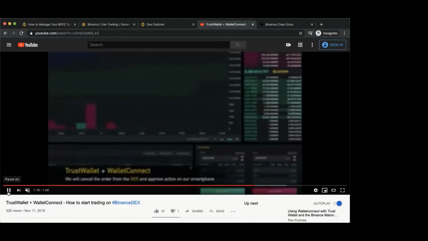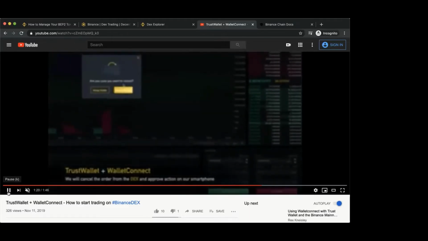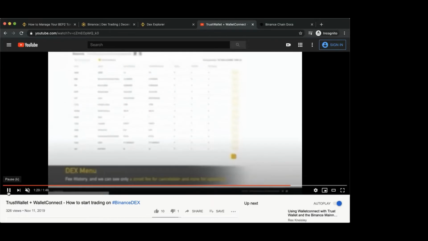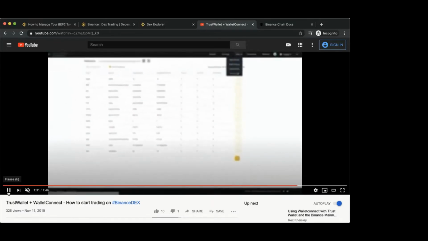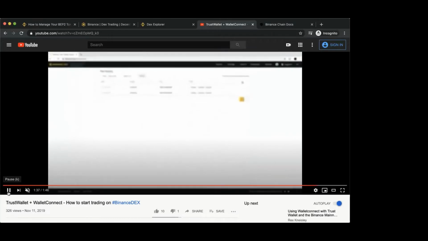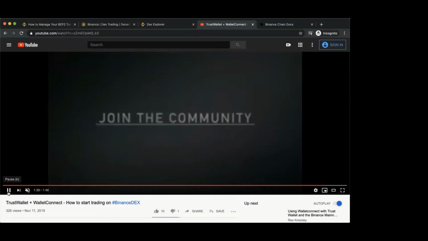I think to be a validator on Smart Chain, you need to be among the top 21 most staked BNB holders. For Binance Chain, you can run a full node.